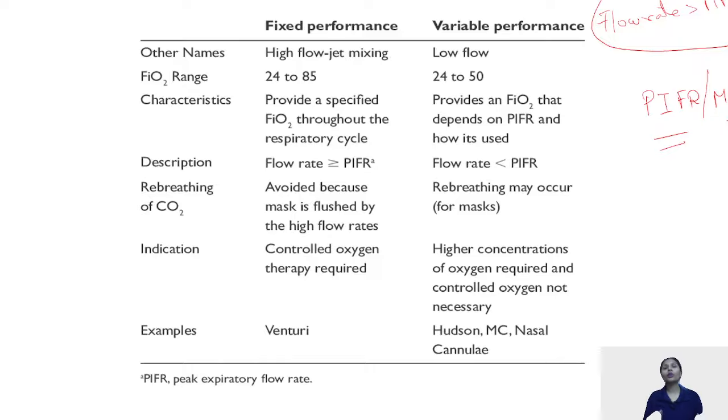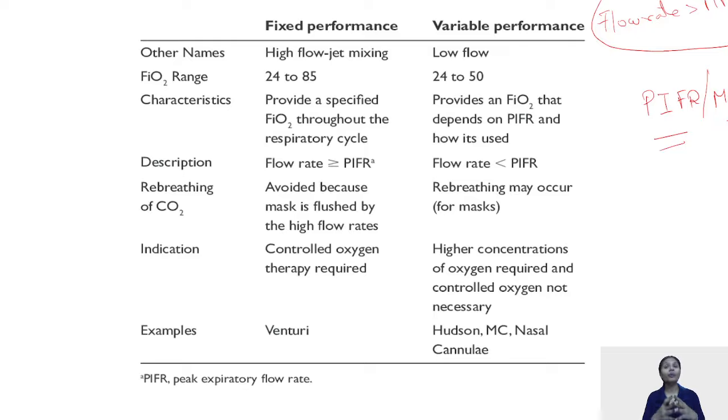You'll never be able to guess, or you can only give a range of FiO2, that yes, maybe the device is delivering 20%, maybe the device is delivering 50%, depending upon the requirements of the patient and how much fresh gas flow have you opened. Okay, that is your variable performance.